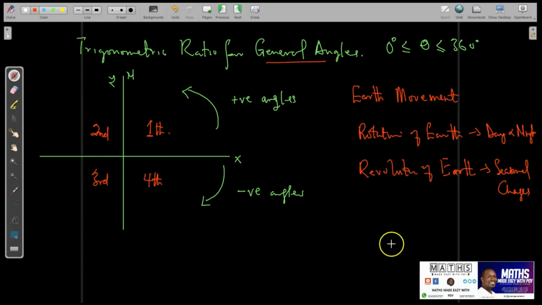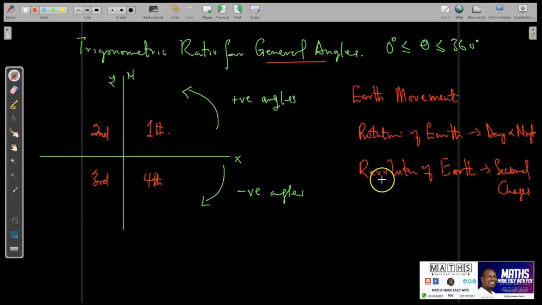So the earth, yes, the earth moves on its own axis in an anti-clockwise direction. So the part that faces the sun will experience day, whilst the other part that is not facing the sun experiences night. But how about the revolution? The revolution is the movement of the earth around the sun. And it's done in what direction? It is done in an anti-clockwise direction.